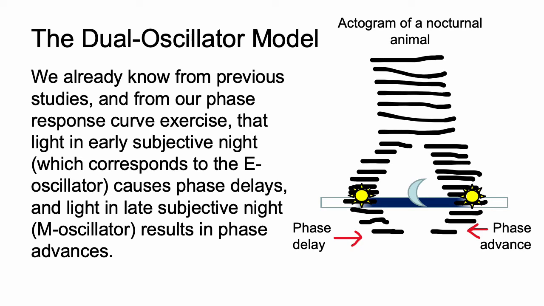So you can see that in this model both oscillators are independently influenced by light at the end of the day and light at the beginning of the day in such a way that they're being pushed together. Light bordering the active subjective night period is pushing these two oscillators together into a coupling phase in which they get linked, they stick, and then sync up and oscillate together.